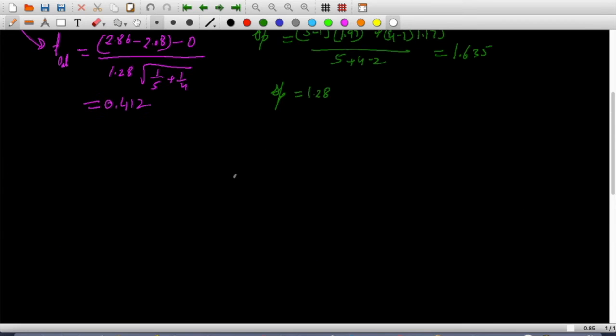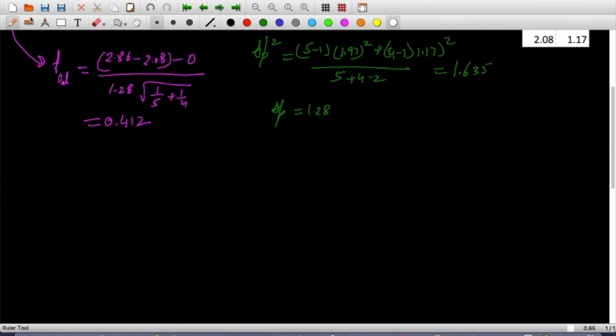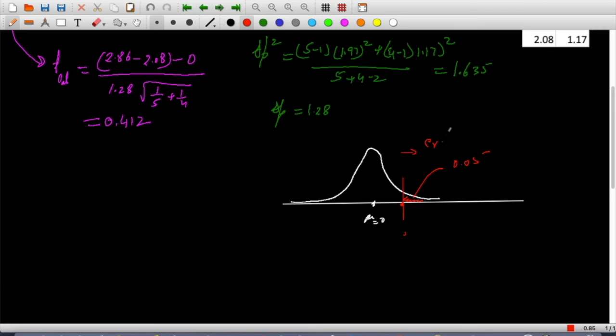So for 7 degrees of freedom, now if I draw the normal distribution with the mean value of 0 and variance of 1.28, and if we fix this bound over here as a critical region, in this case our level of significance is given as 0.05, that is the critical region, and that is our acceptance zone.